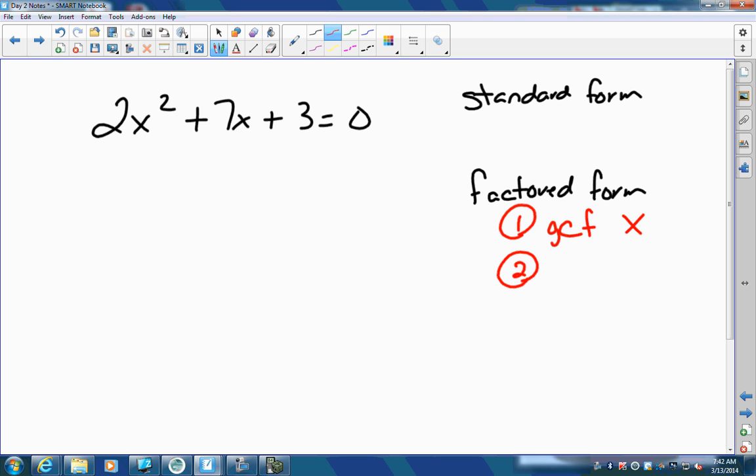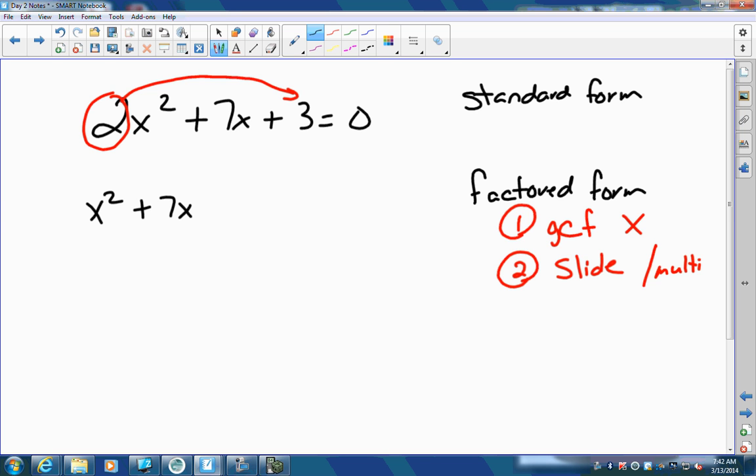Step 2 is to slide. Is there a number in front of the x squared? Yes. I'm going to take this number and slide it to the back. When you're sliding, that actually means to multiply. So my new equation is going to be x squared plus 7x plus 6 equals 0.